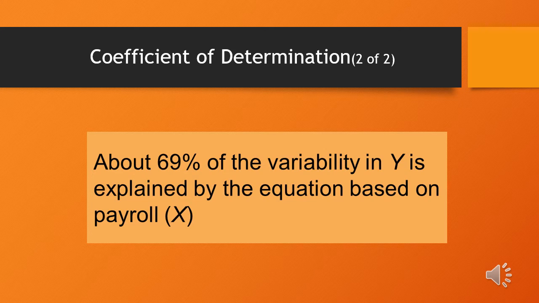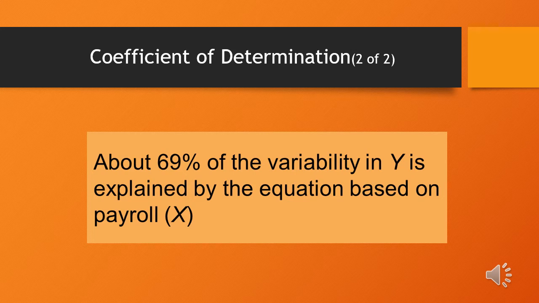If every point in the sample were on the regression line, meaning all errors are 0, then 100% of the variability in Y could be explained by the regression equation. So R squared would equal 1, and SSE would equal 0.